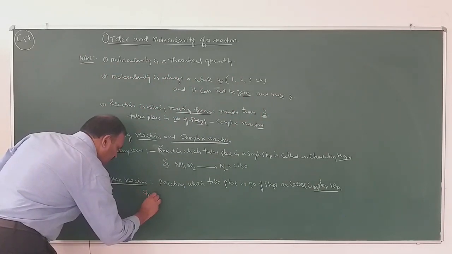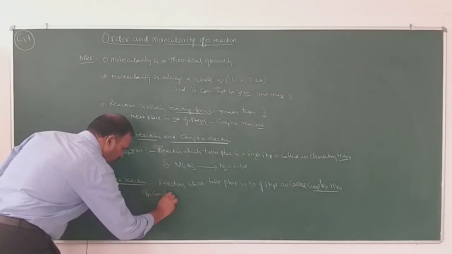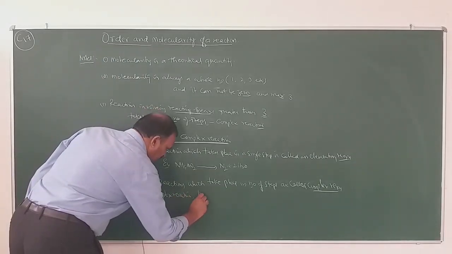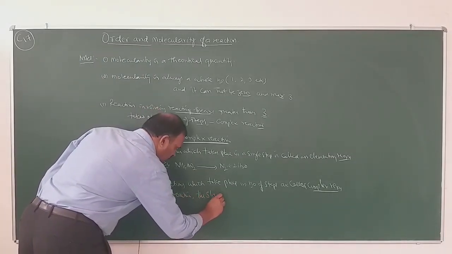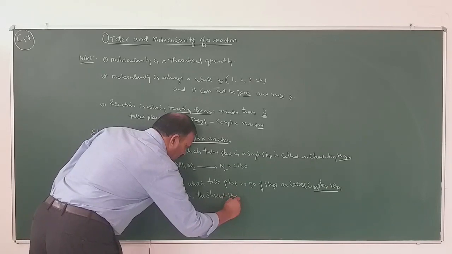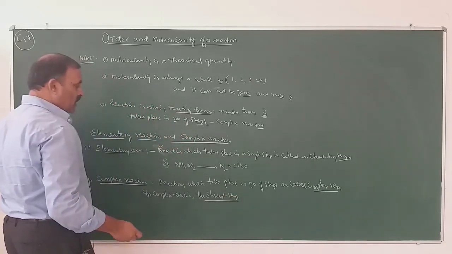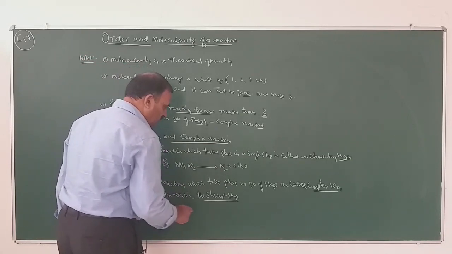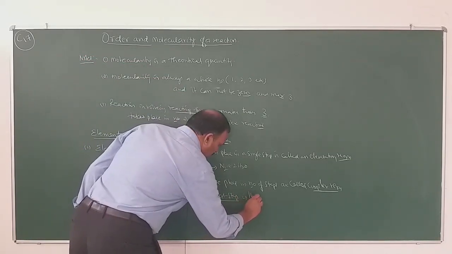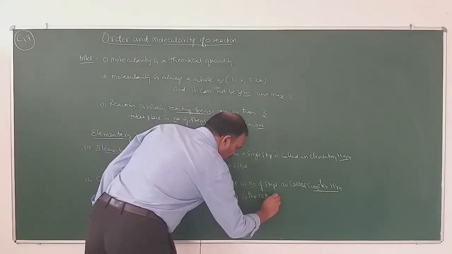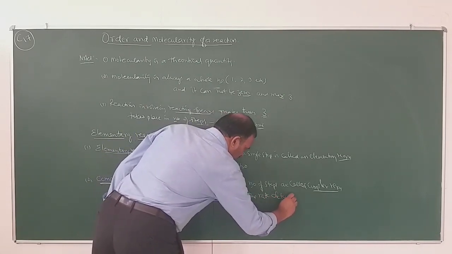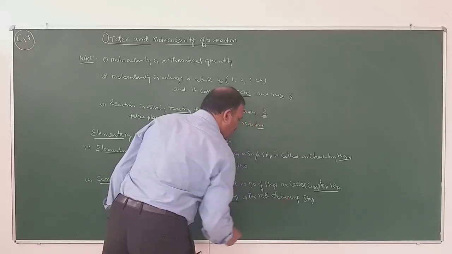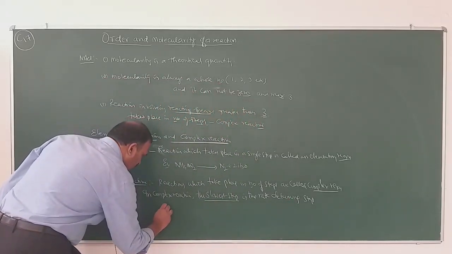In complex reactions there are many steps, out of which the slowest step is the rate determining step.